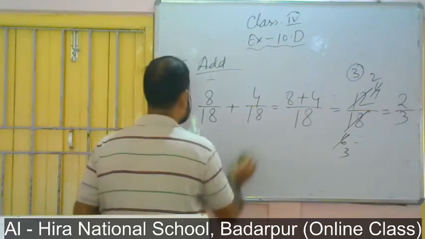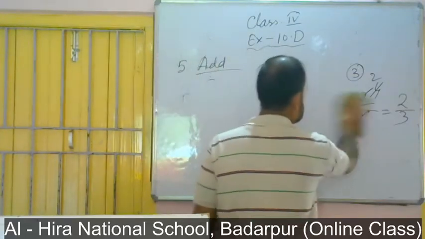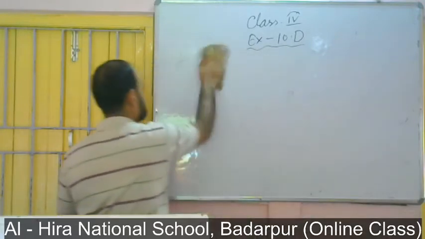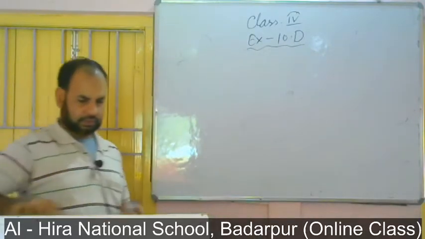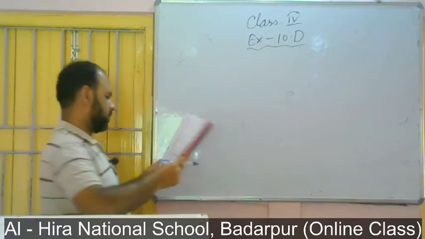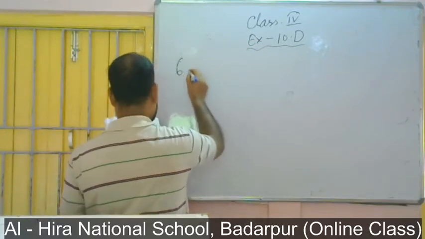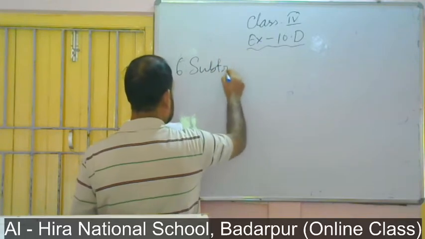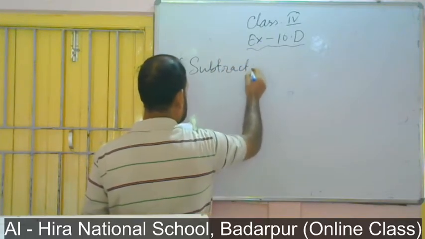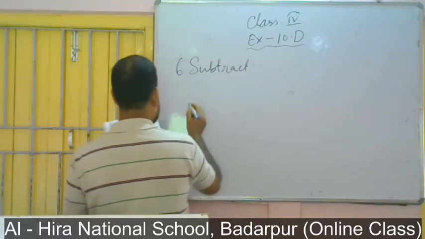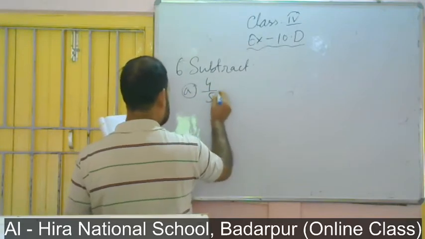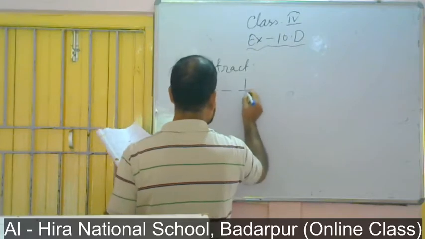Next, question number 6, subtract. Question number A, 4 by 5 minus 1 by 5.